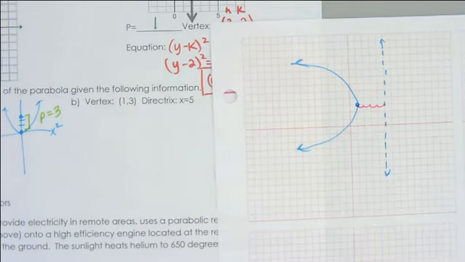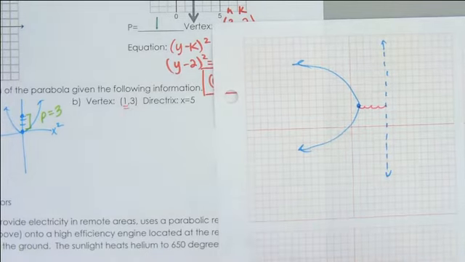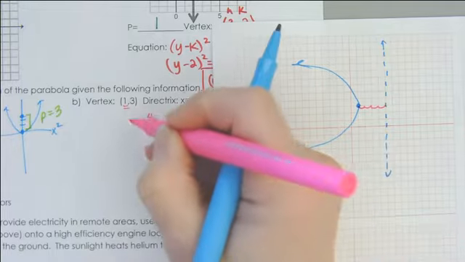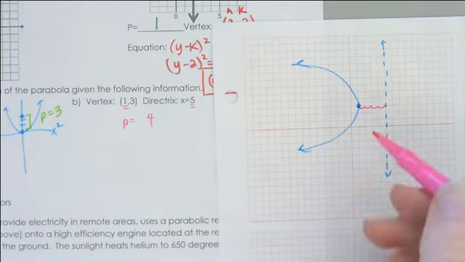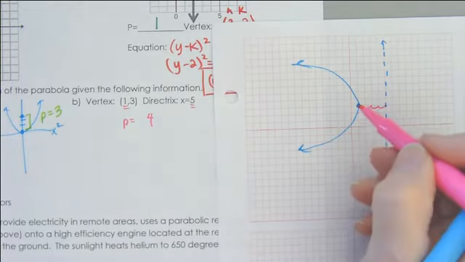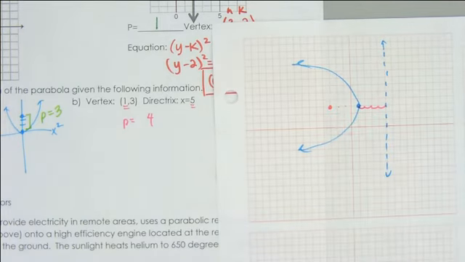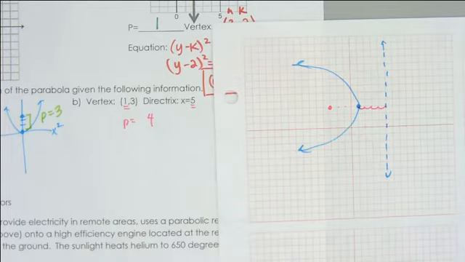A lot of you probably don't even need that. Here's my x value at 1, here's another x value at 5. How far is it from 1 to 5? It's 4. We just have to figure out if p is positive or negative 4. Since it's opening to the left, the focus would be 1, 2, 3. Right there would be the focus. P is going to be negative 4.